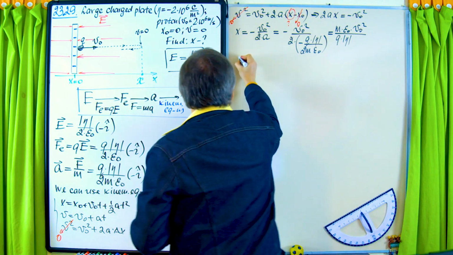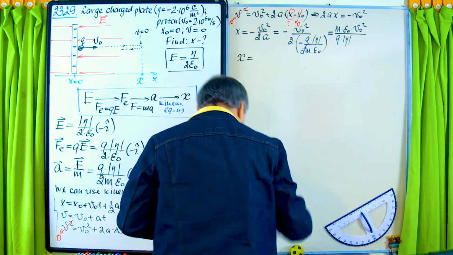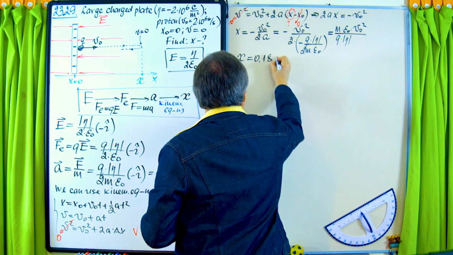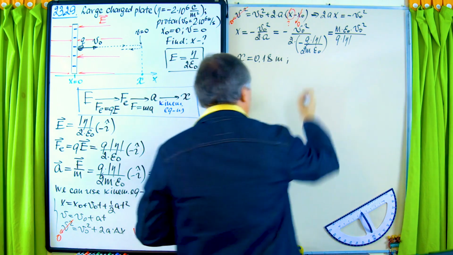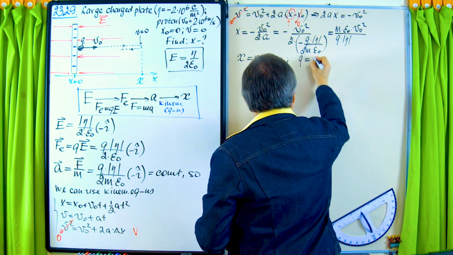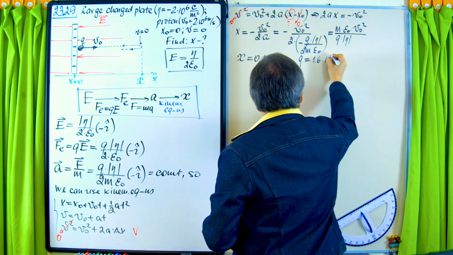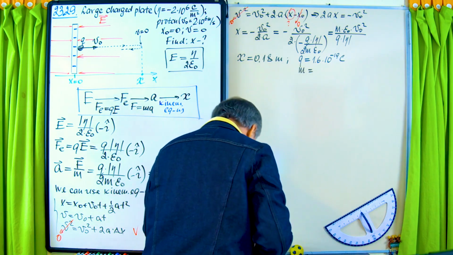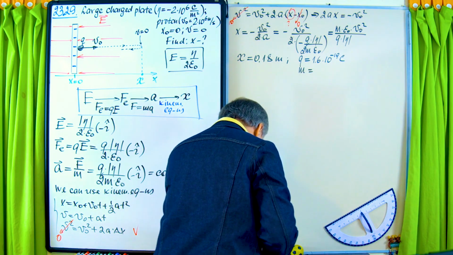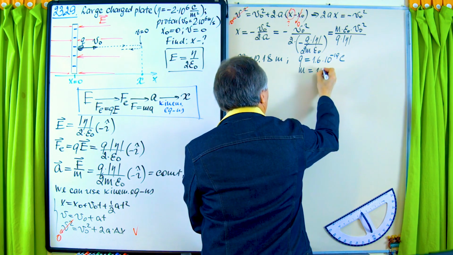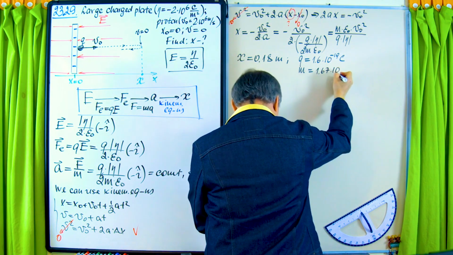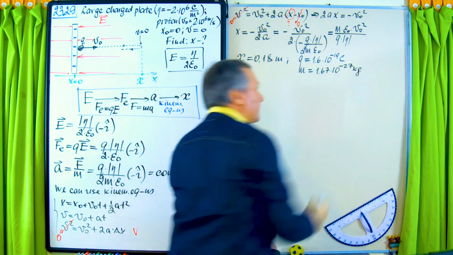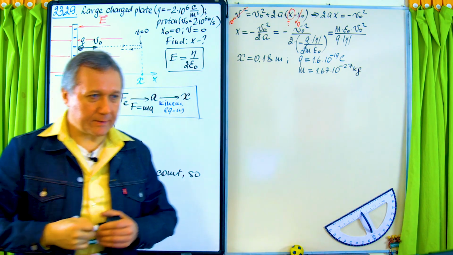So x will be equal 0.18 meters. Okay, maybe I can write the charge is 1.6 times 10 to the power of minus 19 coulombs, and the mass of the proton, where is my mass? Here, 1.67 times 10 to the power minus 27 kilograms. Those are universal constants, basically.